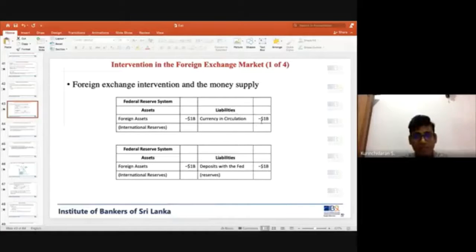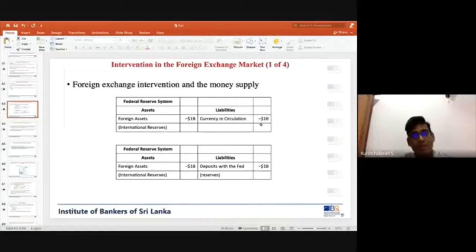The other way around: if they want to buy dollars, what will happen? Foreign assets will increase and you have to pay in local currency, so liabilities also will increase. So if somebody is buying dollars using local currency, that is the first table.